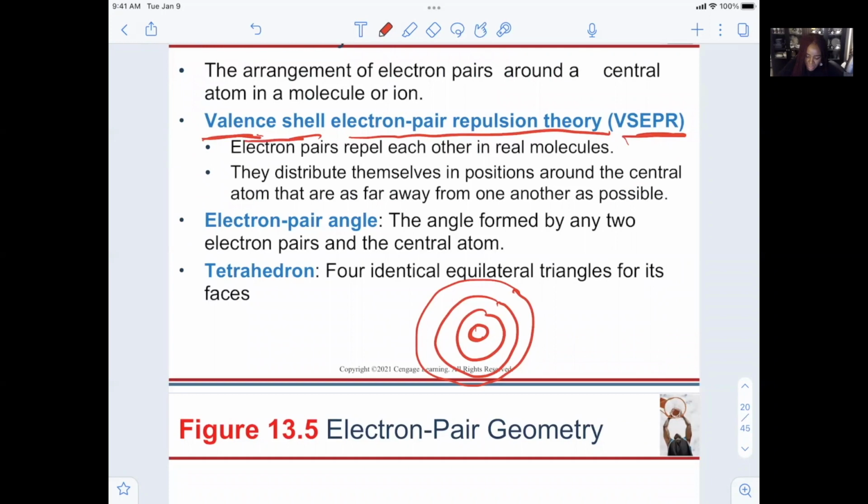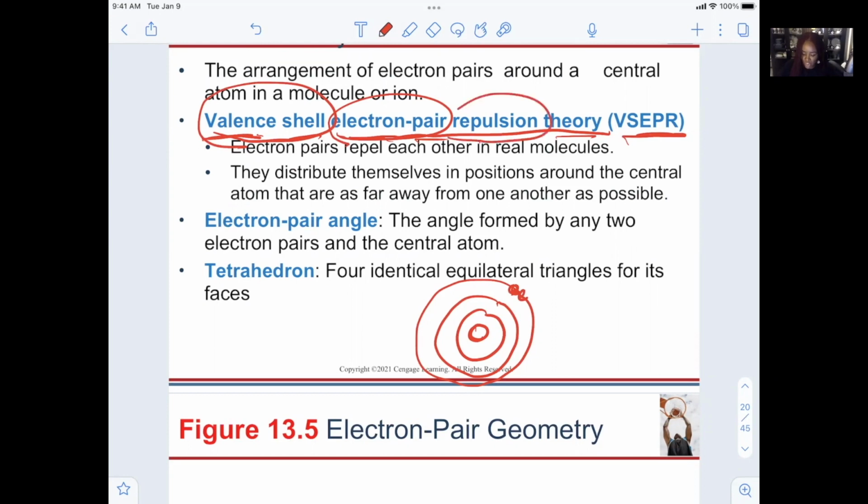So valence shell electron pair repulsion theory essentially says these are electrons that are usually existing in pairs. And these electrons are in that valence energy level, the uppermost, the nosebleed section. And what are these electrons doing to each other? They're pairs. This is where they're located in the valence shell, the outermost energy level.